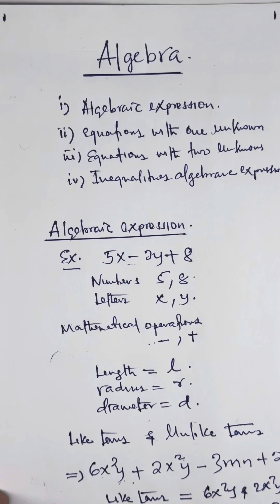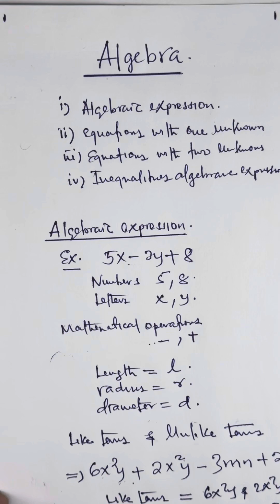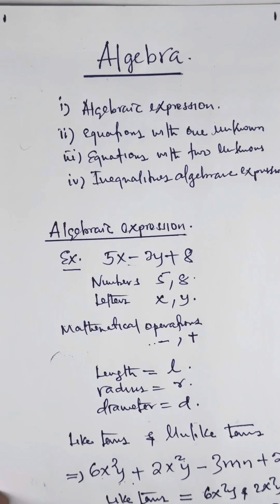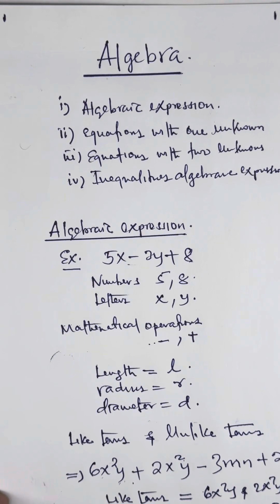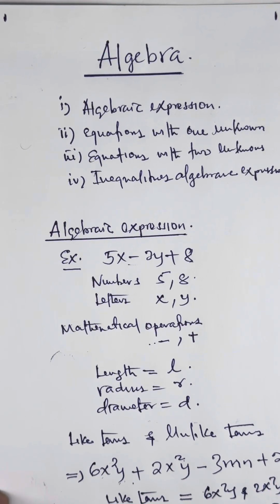And what does it mean? You can add, subtract, divide, or multiply the like terms, but you can't do this for unlike terms.